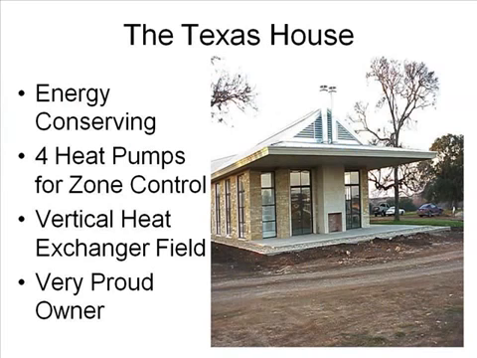President of the United States, George W. Bush, has a ground source heat pump system in his home in Crawford, Texas. It's a vertical system with 4 heat pumps for zone controls. He's a very proud owner of this thing.